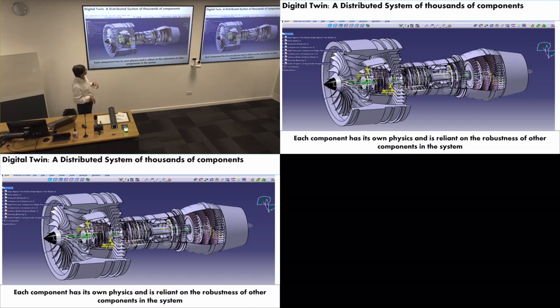But most importantly, if you have to create a digital twin, it's not just the sensors that are important. It's the physics that's also equally important, because if this object is in operation, at each moment its physics is changing. So to have a realistic replica of this object, we not only need to capture the data, we also need to capture the physics.